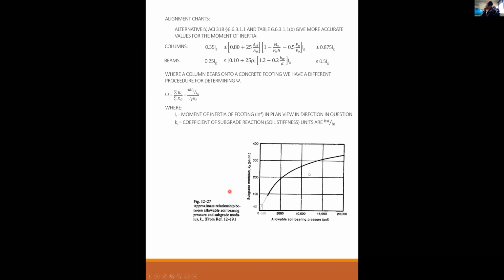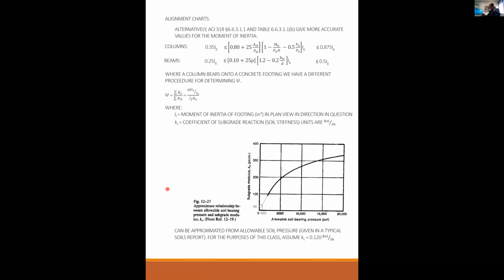And this appears in the PCI Design Handbook, Precast Concrete Institute Design Handbook. You can find this in a number of places, but it's just a rule of thumb type of thing where you plug in your allowable soil pressure and use that to find this subgrade modulus that is measured in psi per inch or ksi per inch. It can be approximated from the allowable soil pressure given in a typical soils report.